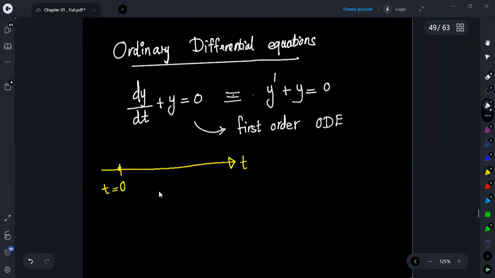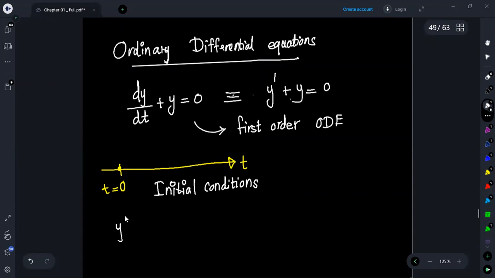So we have to consider the initial conditions. Initial conditions means the values of y and y dash when time t is equal to 0. So let's consider a first order ordinary differential equation.